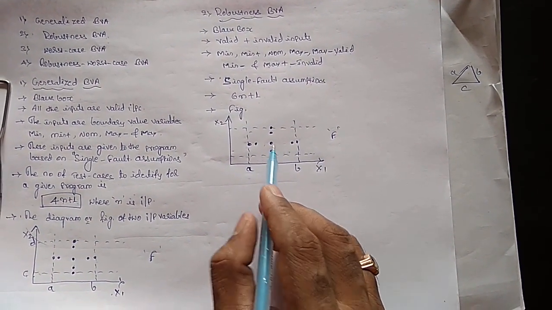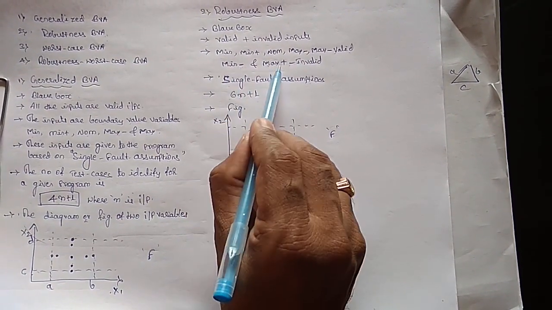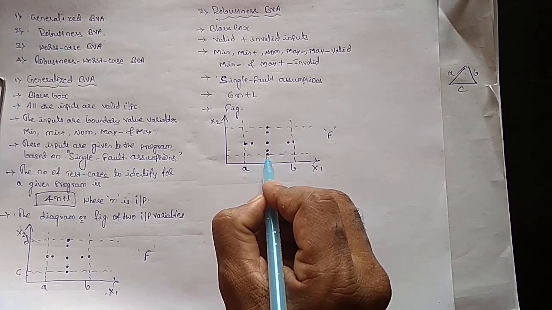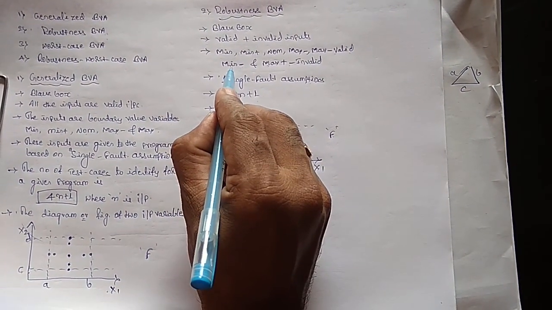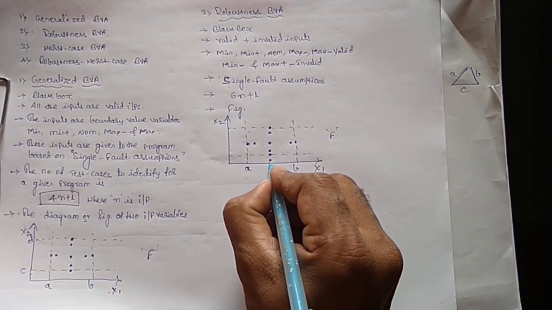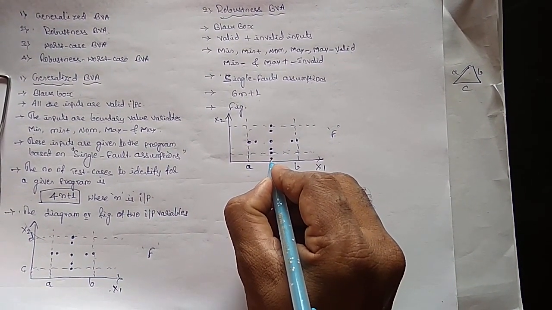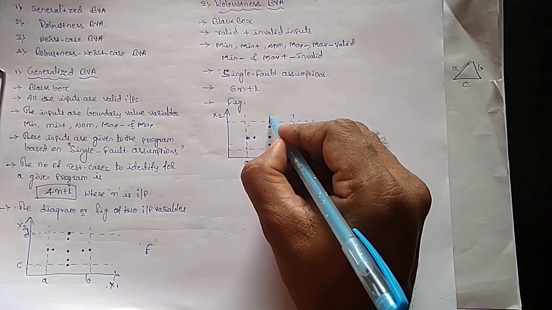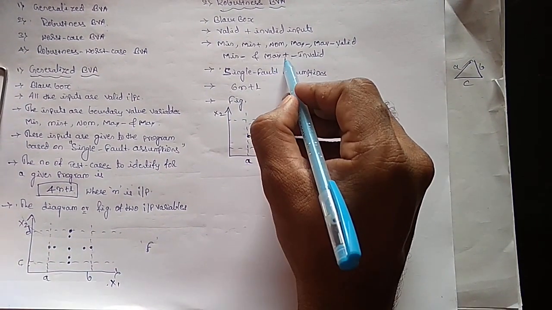The major change is that I need to include 2 more invalid input variables in this diagram. Now you can see this is the minimum, so I need to make it minimum minus. To identify the minimum minus, I will put one extra dot. This indicates minimum minus. Now, if I put one more dot over here, this will become maximum plus.